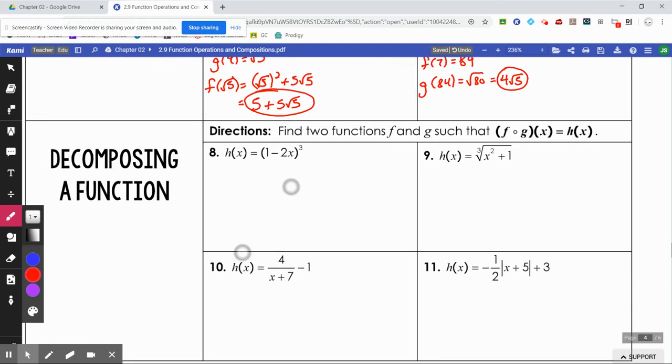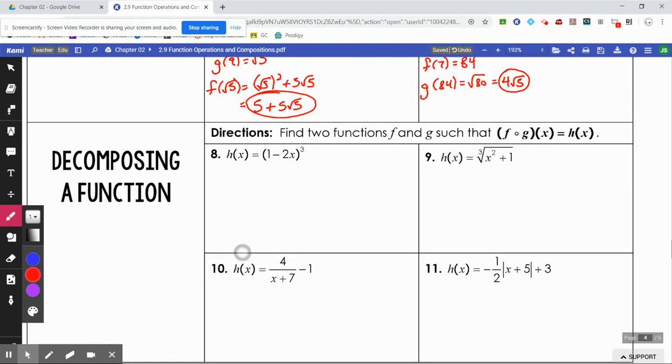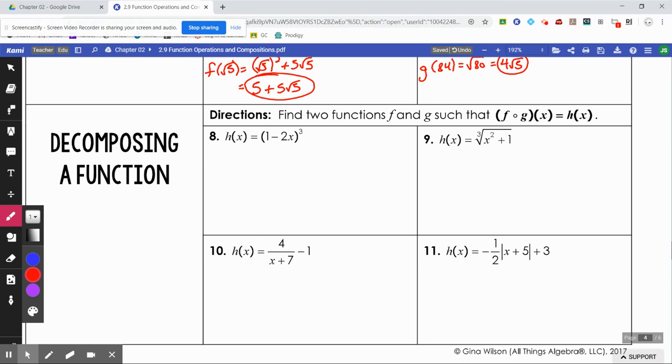Okay, now we're working these problems backwards. We're decomposing functions. We're asked to try to find some functions f and g such that f of g, so we're plugging g into f, is equal to this function. So just pretty much look and see what looks like it's been plugged into something else. This stuff inside parentheses, if we let it be our g, which is what got plugged in, well, what did it get plugged into?